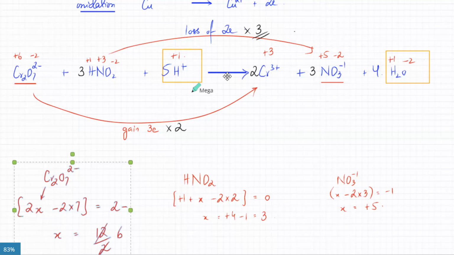Like, what's the logic behind that? If the whole equation is not given to you, they just gave you HNO2 and Cr2O7, are you able to make the whole equation completely on your own? So if only these two are given, can you make this entire balanced equation? Previously the equation was always there for you, but in this chapter, the whole entire equation will be made by you. This is what you're going to learn.